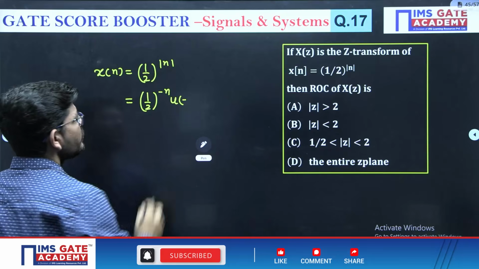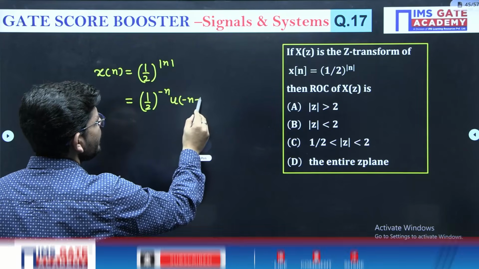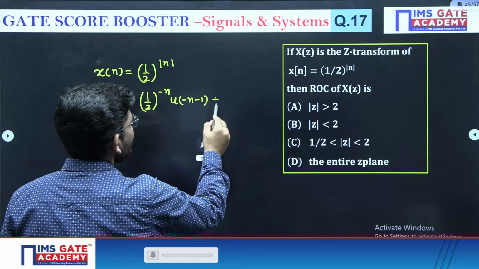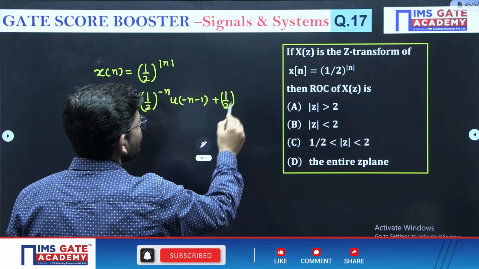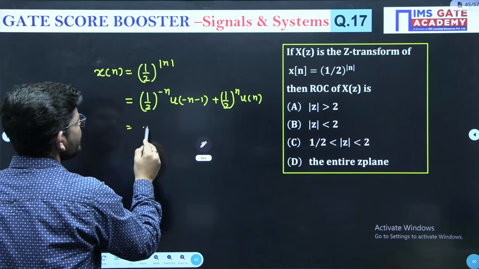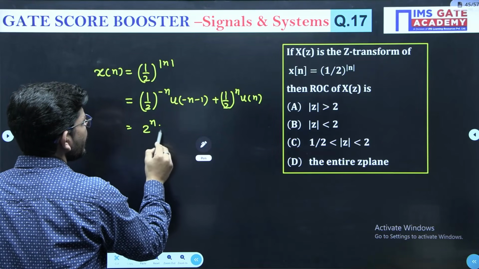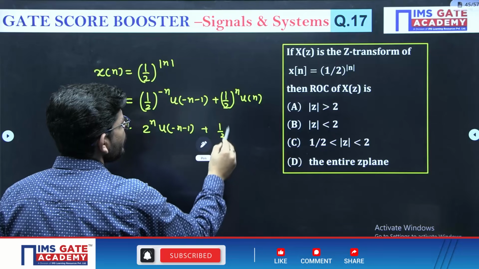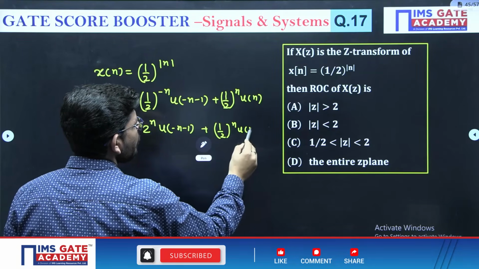N is time here. So, how to write the negative time in discrete time? U of minus n minus 1. Now, when n is positive, 1 by 2 to the power n, u of n. Now, you can adjust it and you can write it as 2 to the power n, u of minus n minus 1, plus 1 by 2 to the power n, u of n.